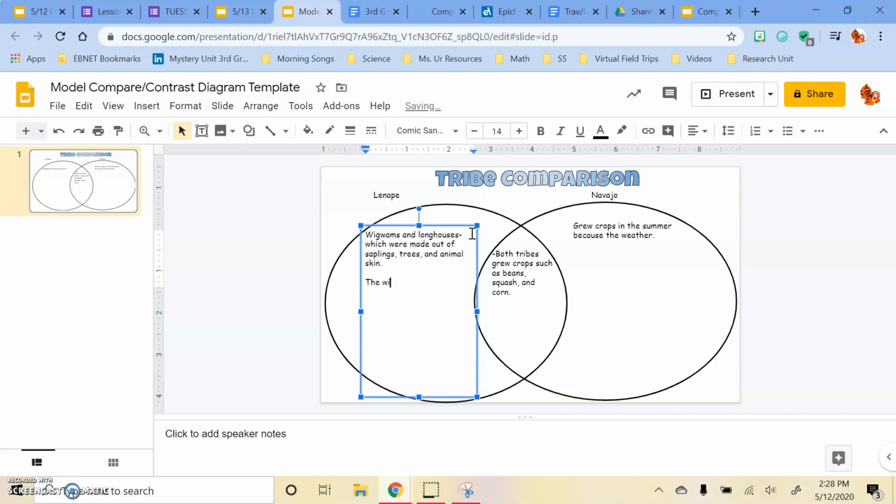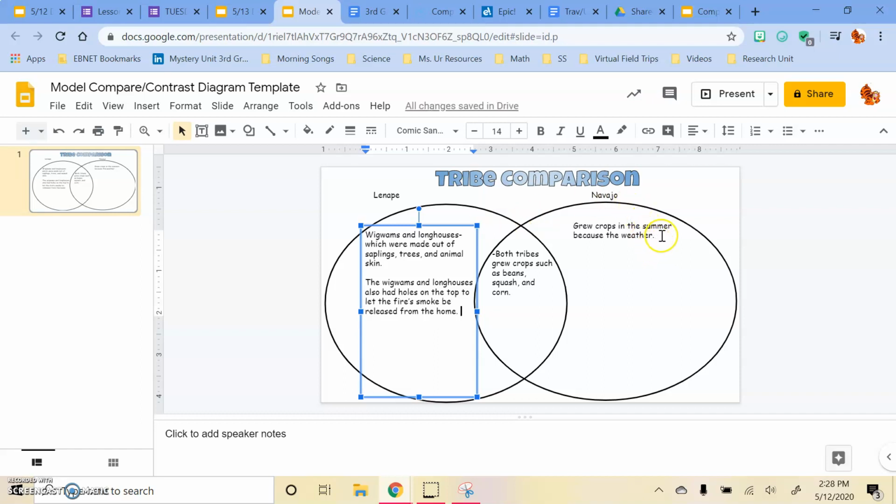The wigwams and longhouses also had holes on the top to let the fire smoke be released from the home.